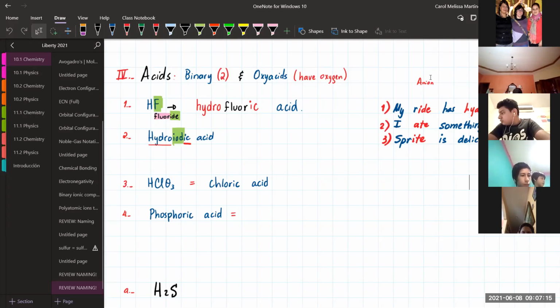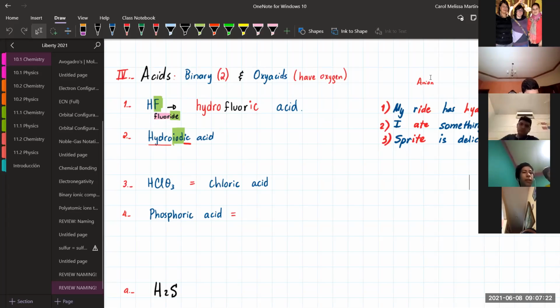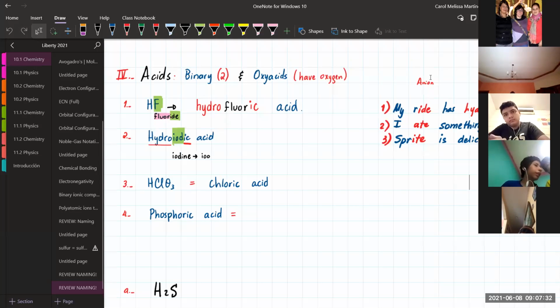Iod. What element is iod? Iodine. Iodine is the element and the anion is iodide. Iodide is just I with a charge of -1 and iodine is the element.